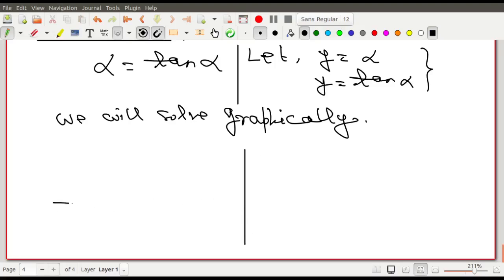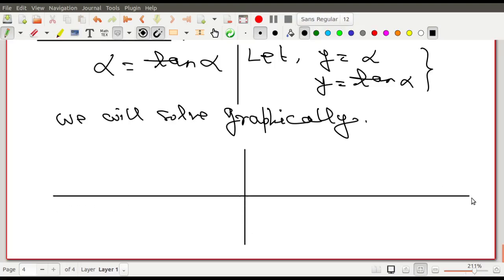And here you need the class of your first semester, the introductory classes where you learned how to plot functions. That class is going to play a role here. So you see what is actually going on. This is pi by 2.